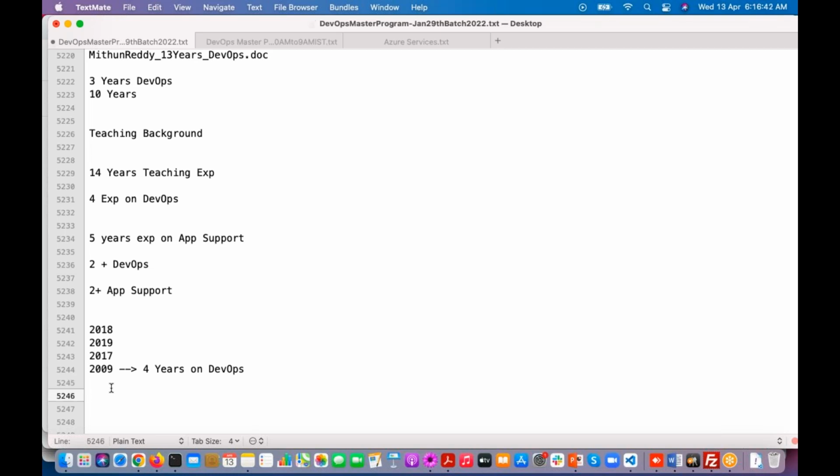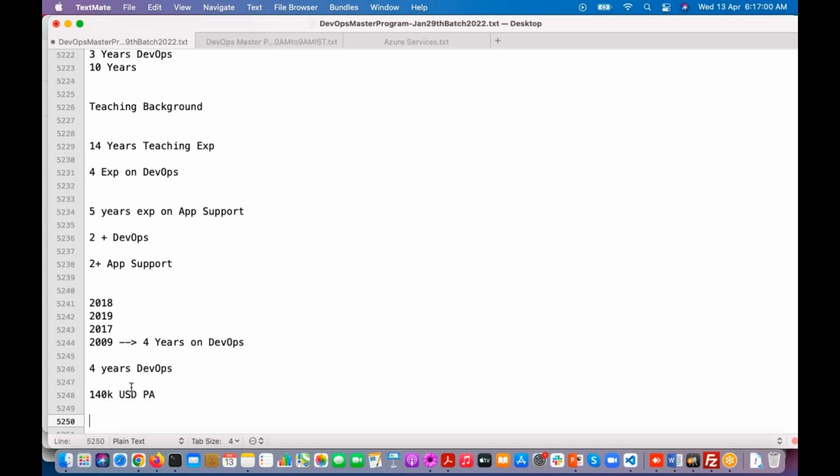Recently, one of our students, one month back, mentioned just four years of DevOps experience. You know how much he got? 1 lakh 40K USD per annum, and the package is also very good. More than 1 crore.